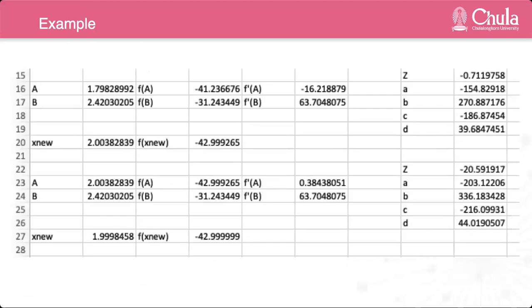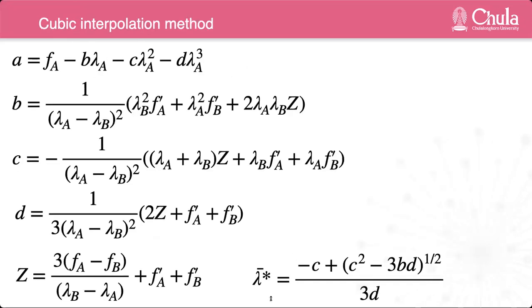Any questions? Select from the minimum point? Yeah. This one: minus C plus the root of C squared minus 3BD, over 3D.